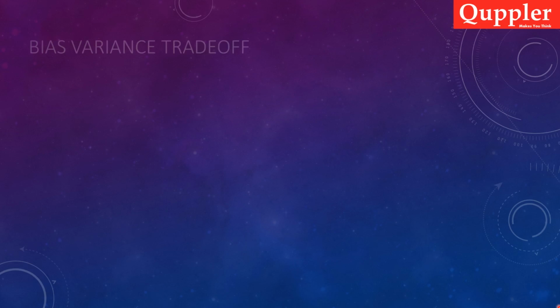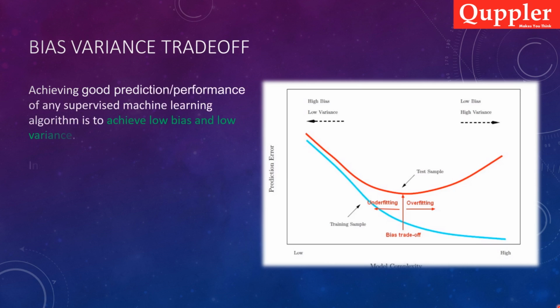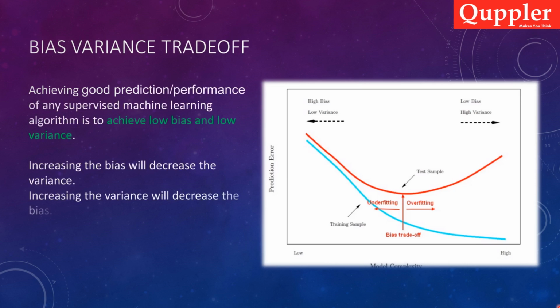So once we know what bias and variance are, we're going to understand the relationship between them. And once we have the relationship, we're going to do a bias-variance trade-off. Achieving good predictive performance of your supervised machine learning algorithm means achieving low bias and low variance.